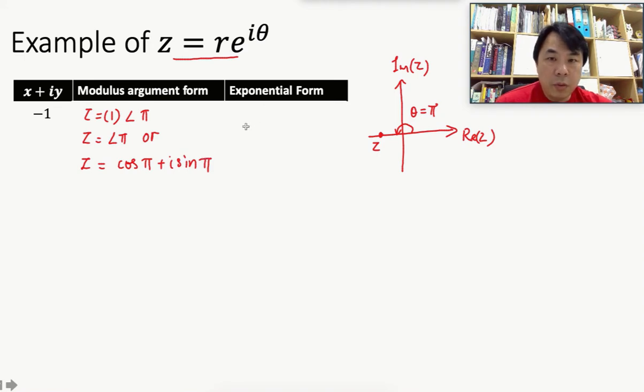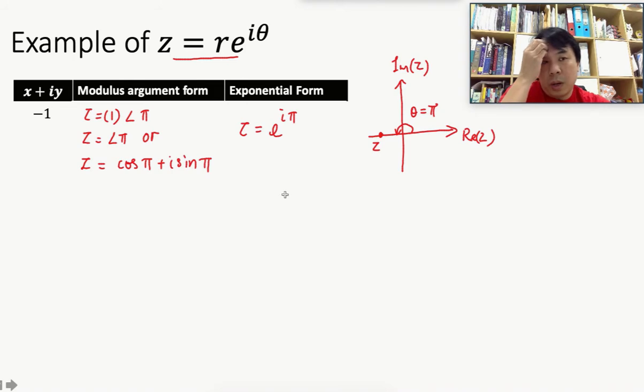For its exponential form, we can rewrite this as r is 1 unit, so this must be e^(iθ), because θ is pi, we can write it in this form. There you have it. That's how we write a complex number from the Cartesian form into its modulus argument form, and lastly we are able to represent a complex number in the exponential form also.